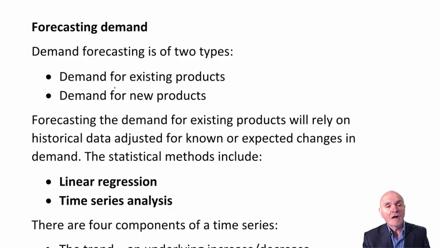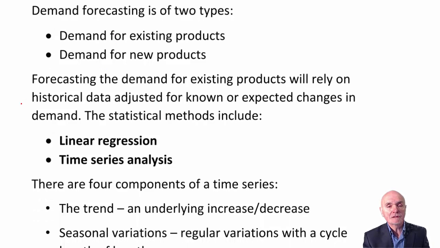Now, insofar as demand for existing products can be predicted or forecast, the two main tools are as follows: linear regression and time series analysis. Now, basically what linear regression does, it has two variables.